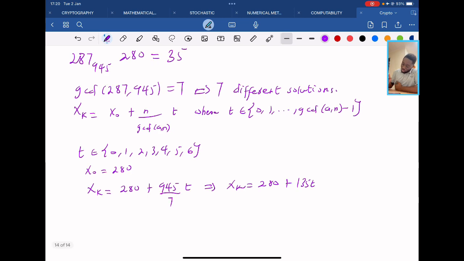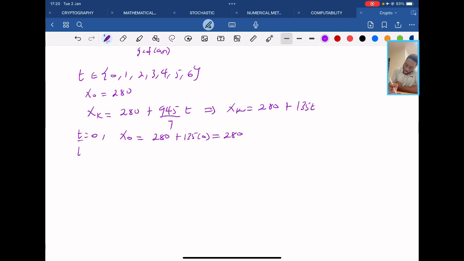Okay, so now when t is equal to 0, we are going to get x naught to be equal to 280 plus 135 times 0, so 280. If t is equal to 1, we are going to get x1 to be equal to 280 plus 135 times 1, and that is 415. Remember, everything is in modulo 945.